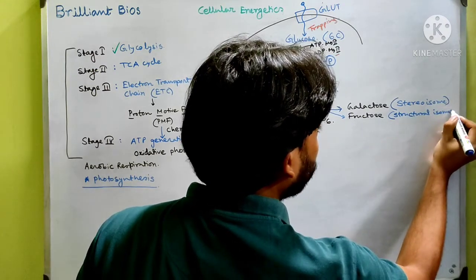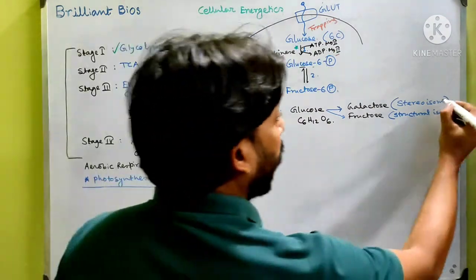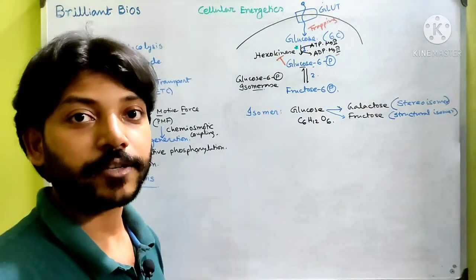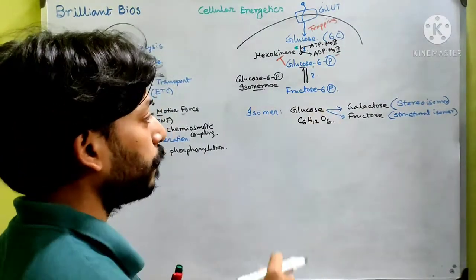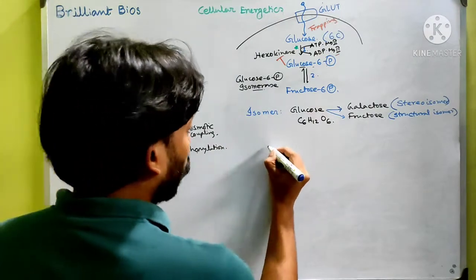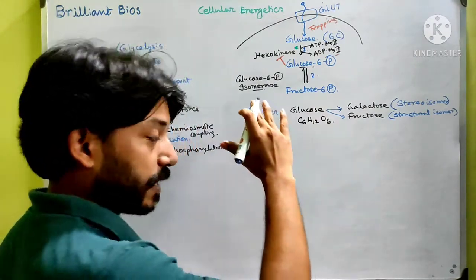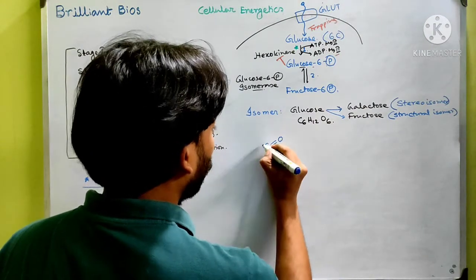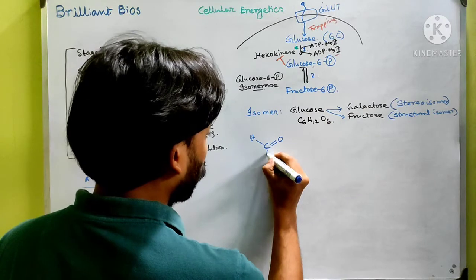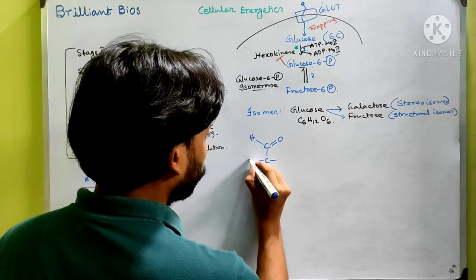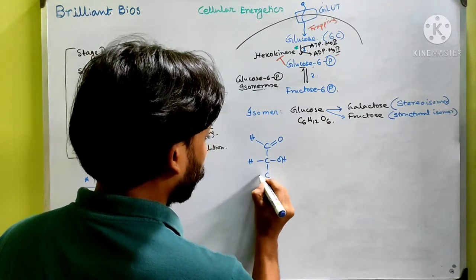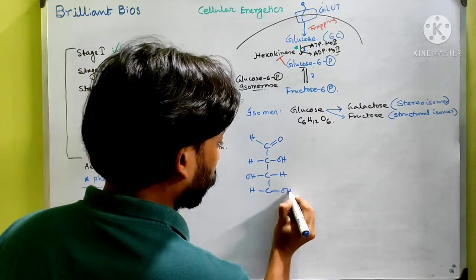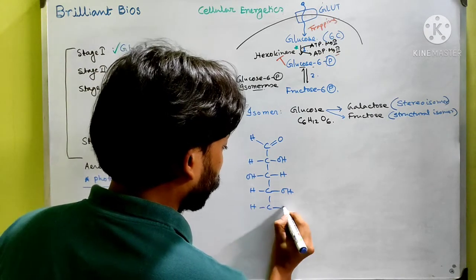So what is the difference between stereoisomer and structural isomer? To understand this I have to draw the linear structure and the ring structure of all these three molecules. So let me draw. Let's suppose this is a carbon, so there are 6 carbon. This is the linear structure of glucose.